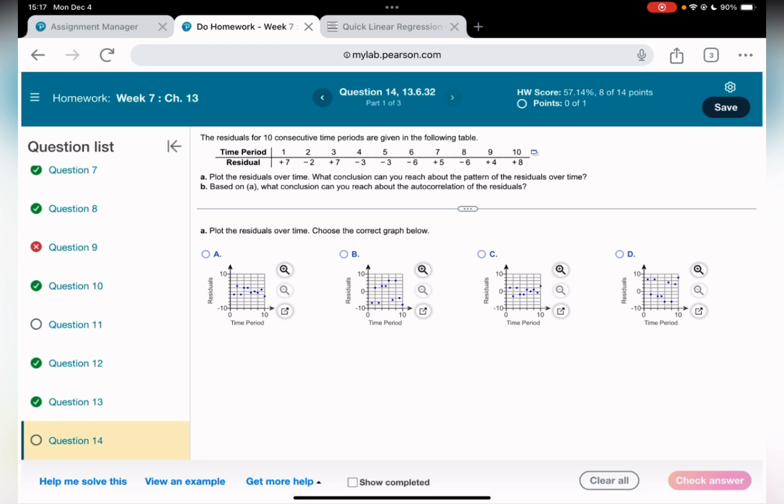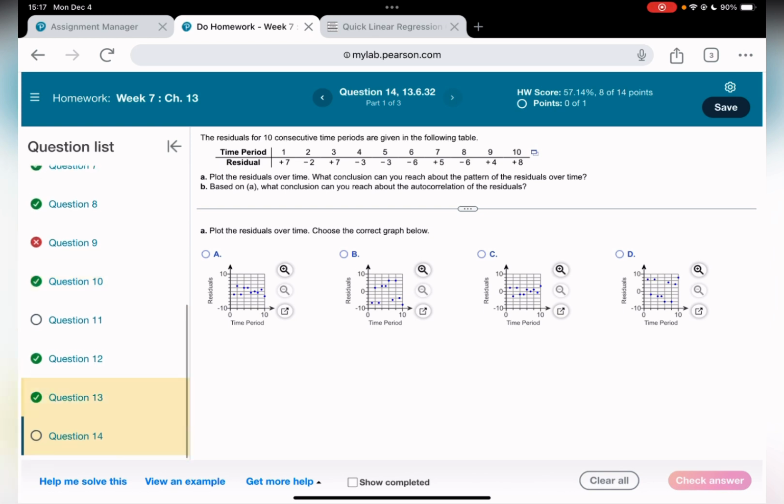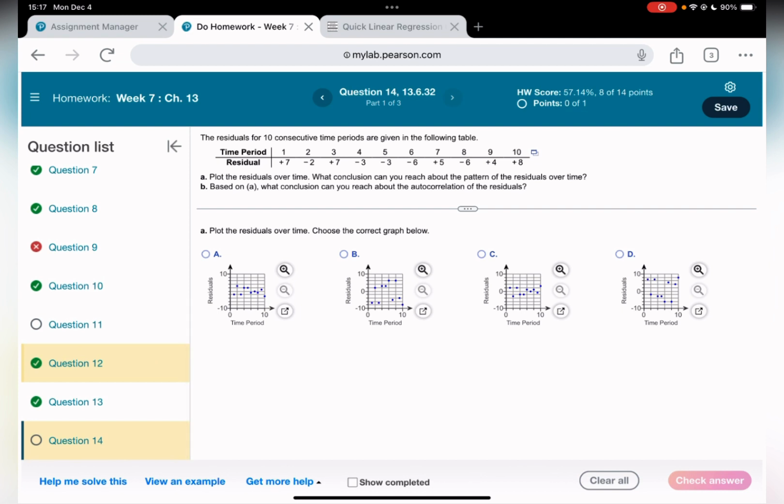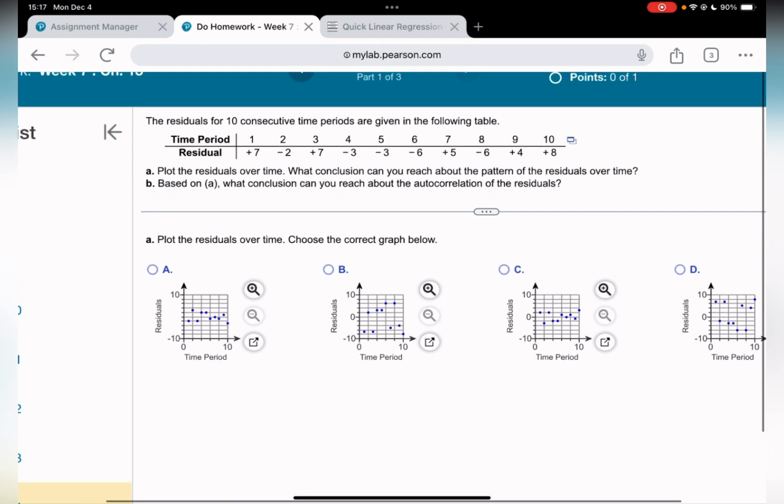Oh, wait a minute. We're going to do question number 14. We have one more question. First of all, this is time period and residual. Based on this data, you're going to find out which graph is matching.